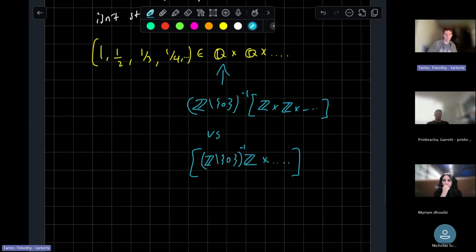So you have a left inverse and a right inverse that are not the same. It is a bijection, I think, but it is not necessarily an isomorphism.